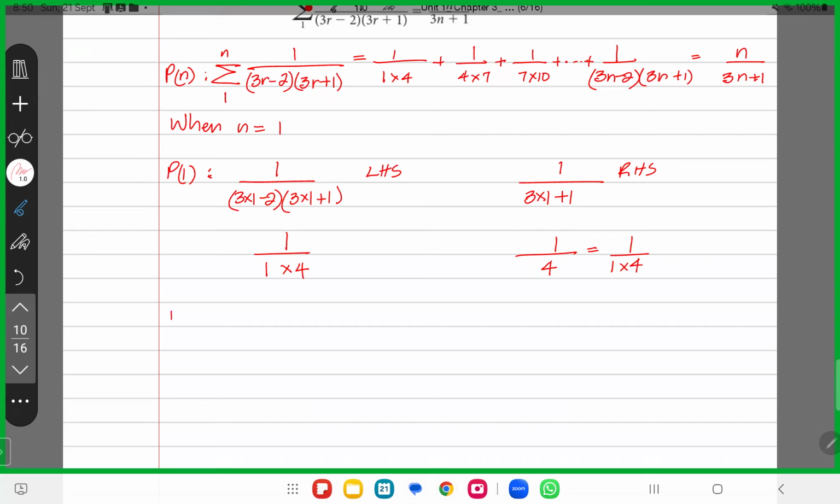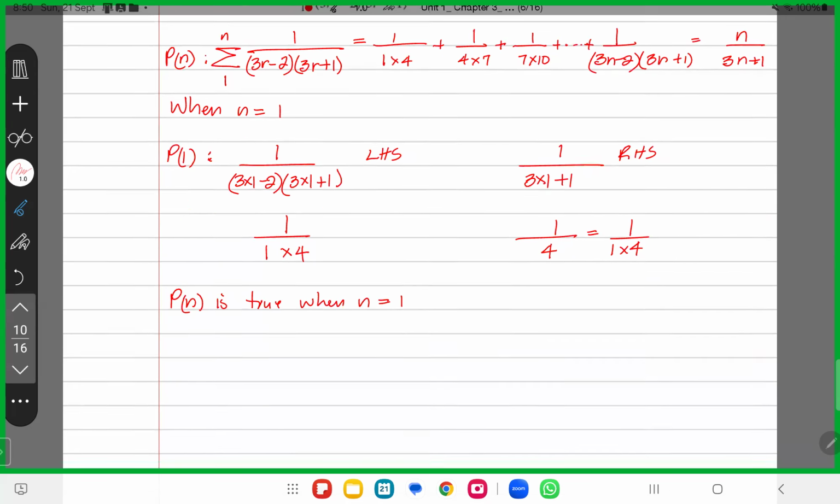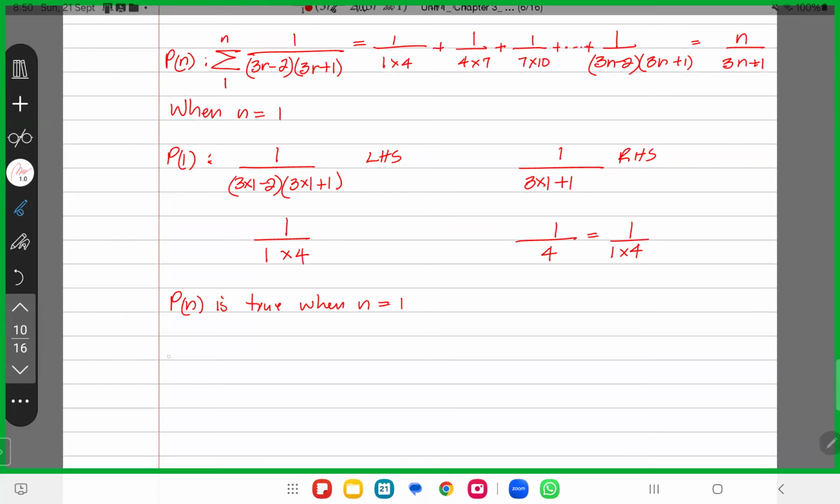So we can say that Pn is true when n is equal to 1. That's step 1.